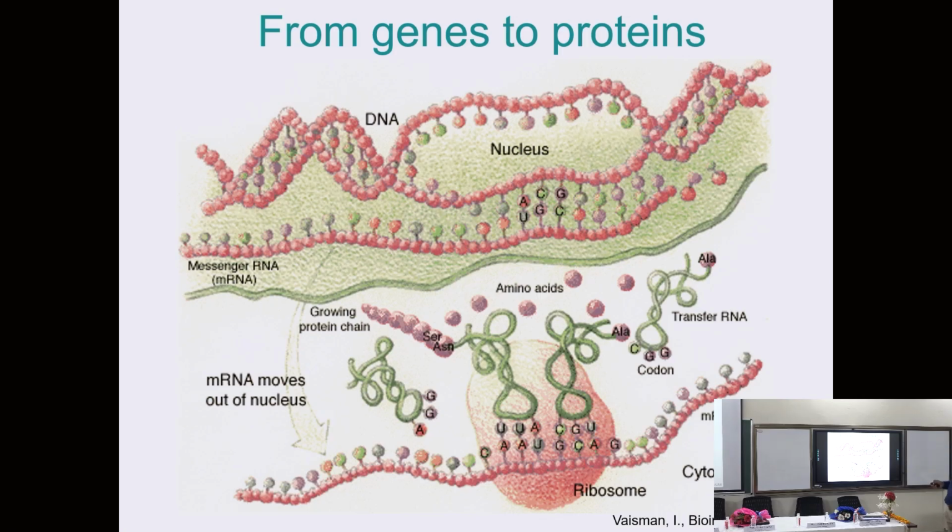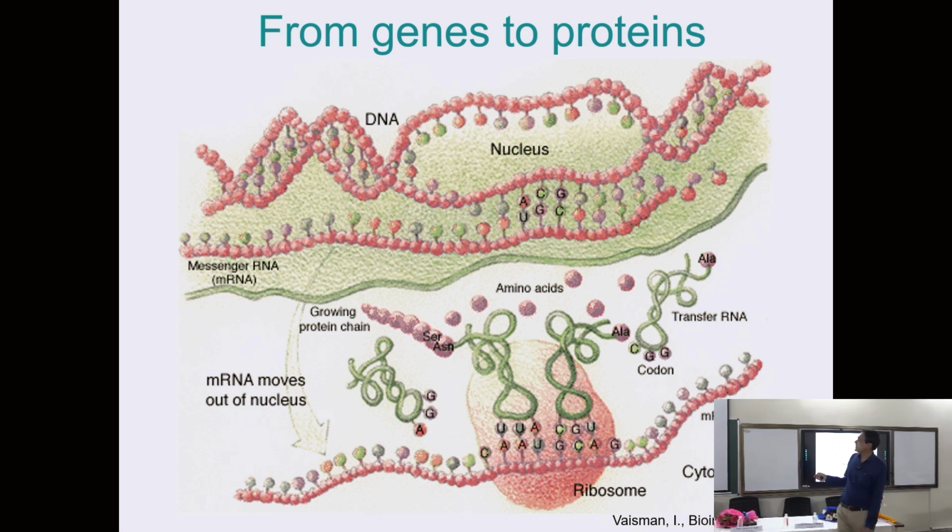Okay. So here is another cartoon of a eukaryotic cell, and you can see that within this cell there is the nucleus, and within the nucleus DNA is unwinding. So a portion is unwinding because one of the strands that has unwound will be used as a template to make a copy of messenger RNA, mRNA.